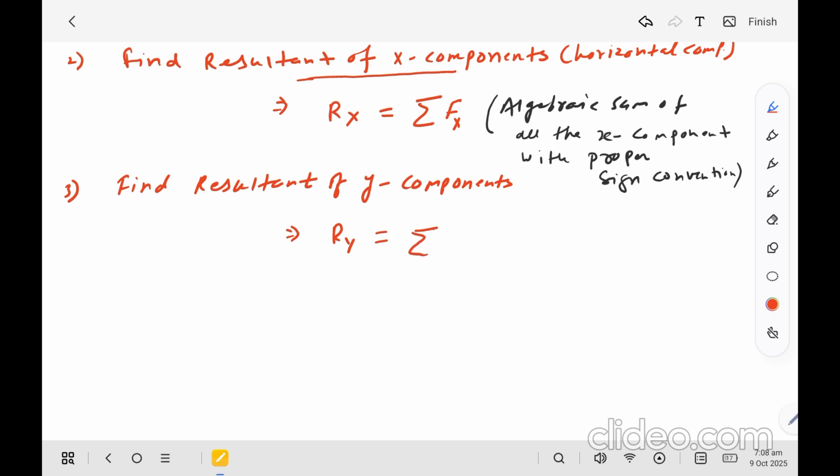Ry is summation of y components. Okay, so this is again nothing but algebraic sum of y components with proper sign.